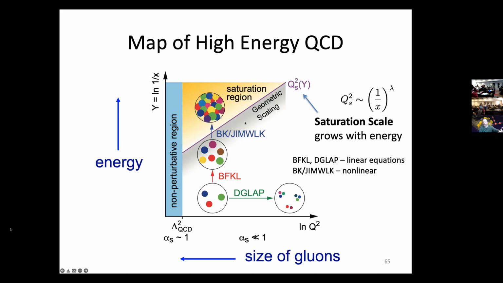DGLAP is not going to give you saturation because it's a linear evolution equation, even if you're solving it backwards. But it probably could get you close to the saturation region if the instability issues are resolved, and I don't know how. Okay, awesome, thank you.